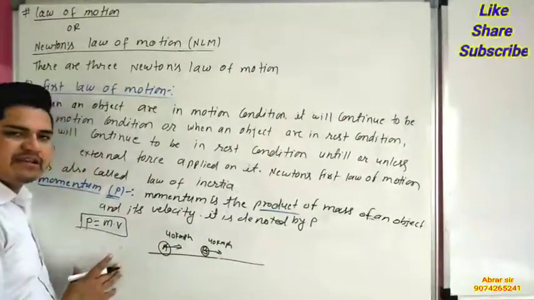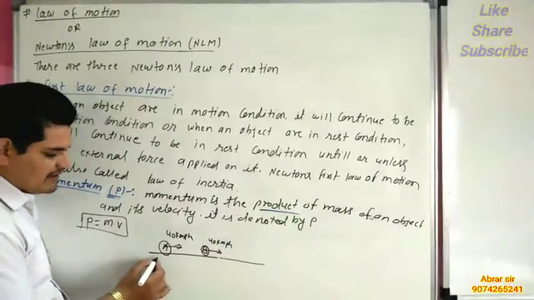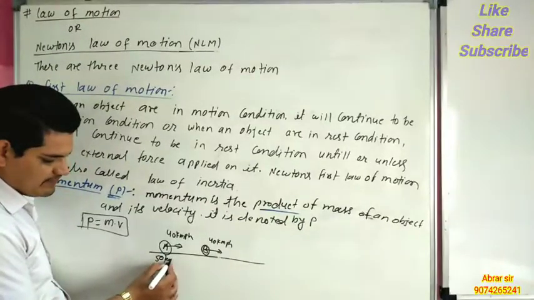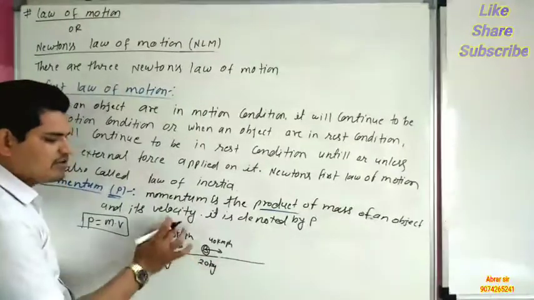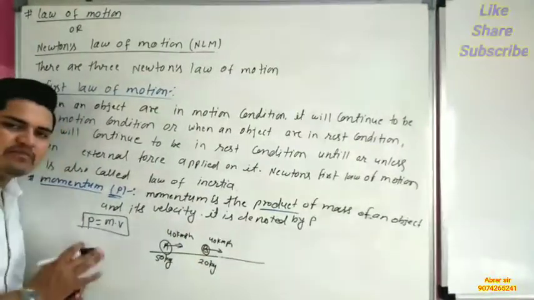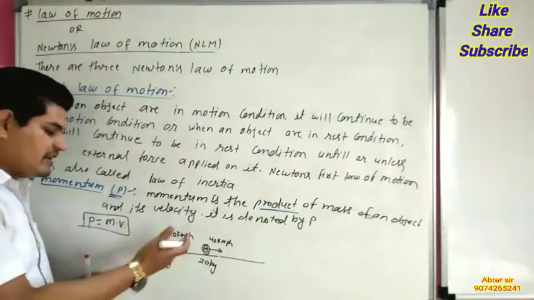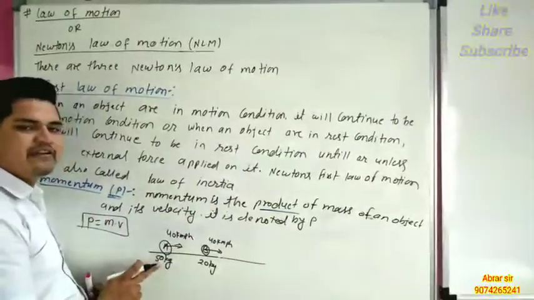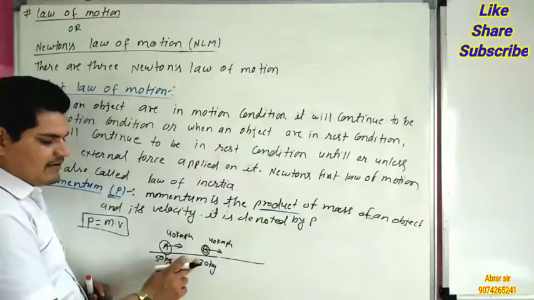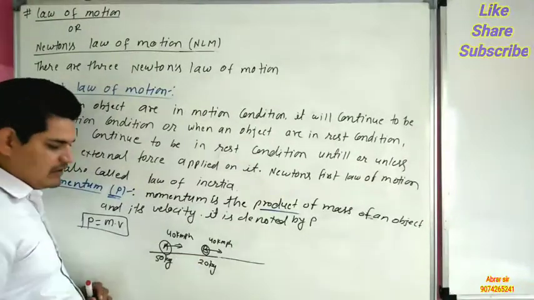Both objects are moving in the same direction, but the weight of A is 50 kg and the weight of B is 20 kg. Both speeds are the same, both are moving in the same direction, but their masses are different. A has 50 kg, whereas B has 20 kg only.